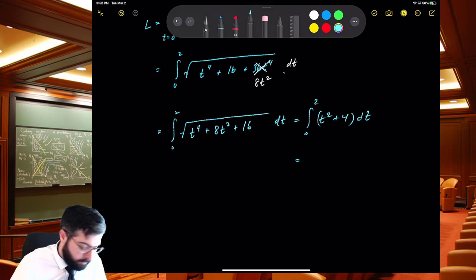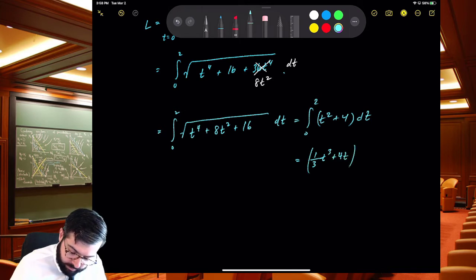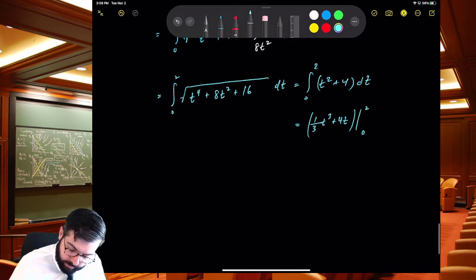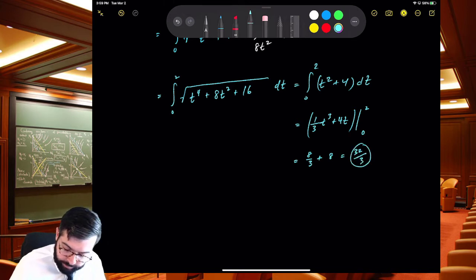And so if we integrate that from 0 to 2, we'll get 1/3 t cubed plus 4t between 2 and 0, which should leave us with 8 thirds plus 8, 32 thirds.